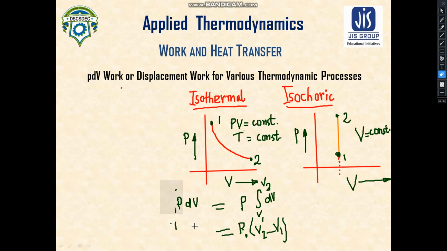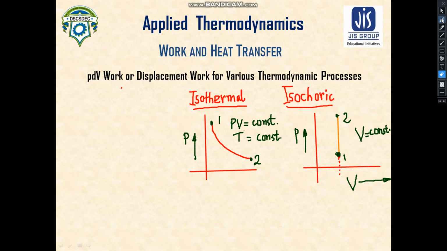Now we shall move on to the discussion of the isochoric process. Now what happens in the isochoric process? The pressure does change here. The volume remains constant. We have taken V as the coordinate, which indicates the volume is not going to change.